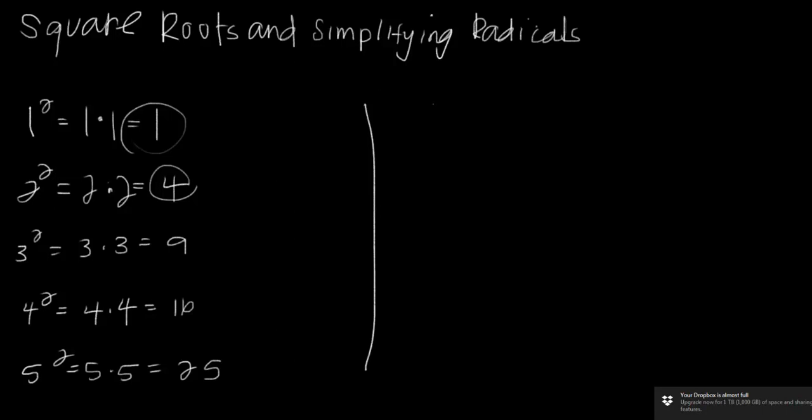Well, if I say the square root of 1, this is what I'm trying to find. That's really the same thing as the square root of 1 squared, or the square root of 1 times 1. And that square root just so happens to be equal to just the number 1. Well, let's go to the square root of 4.